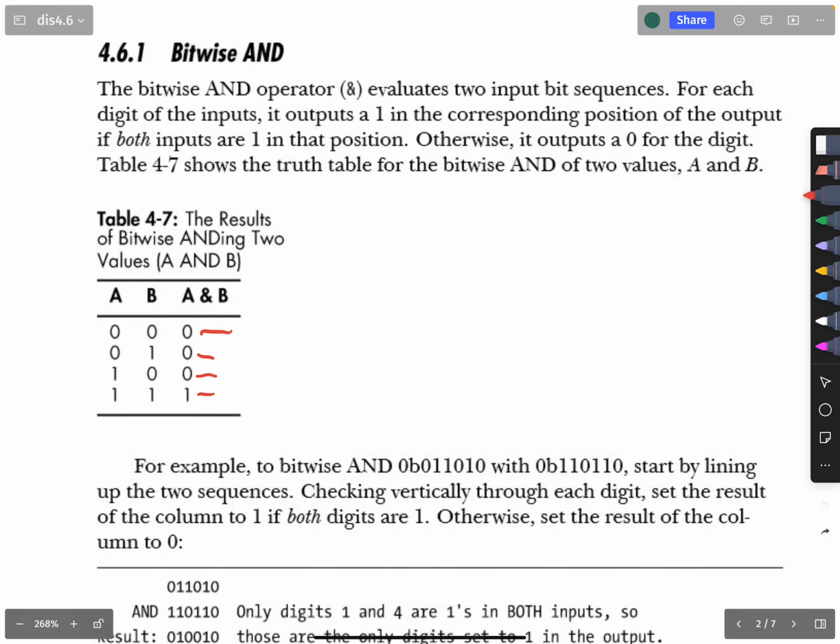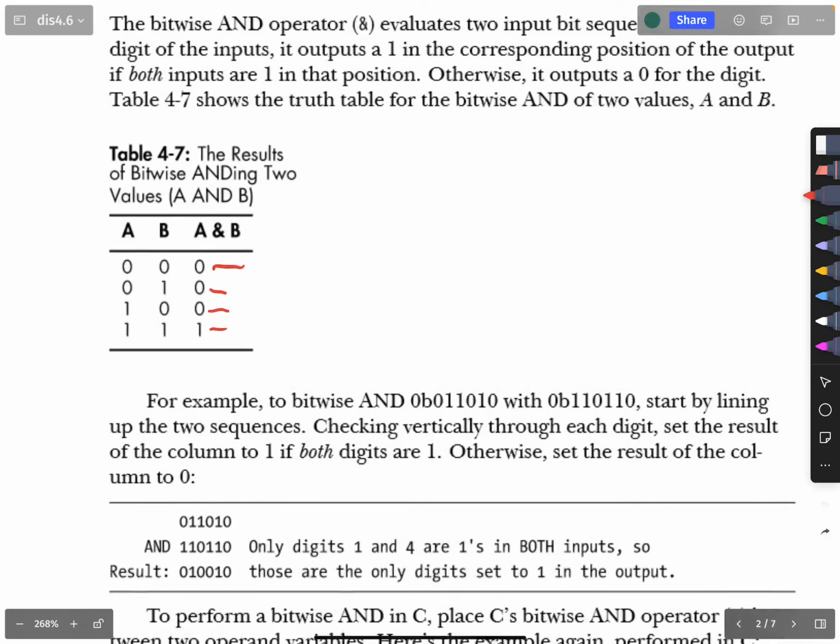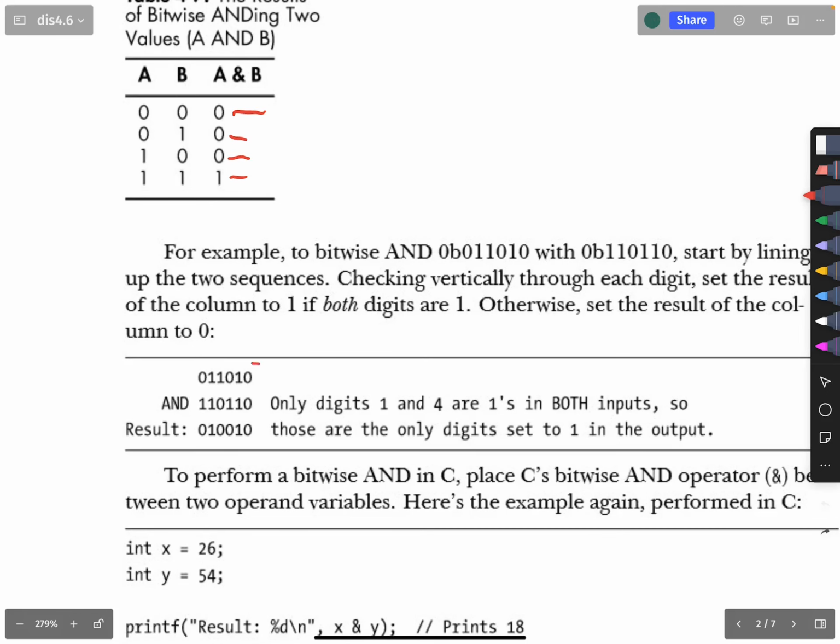But keep in mind that this is bitwise, so we're only seeing it applied to individual bits. When we apply it to collections of bits, because of its bitwise nature, we only perform this operation bit by bit, which is different from what you would get if you were to do the logical, the double ampersand, the logical conjunction.